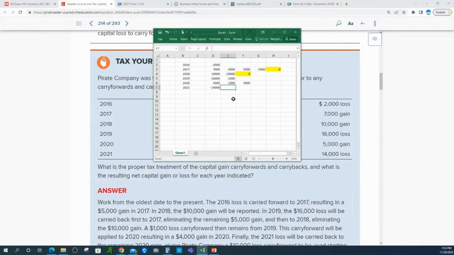Well, we absorbed all of that $16,000 loss, but now we can use 4,000 of this and apply it over here to get to 0. I hope you all can see that.